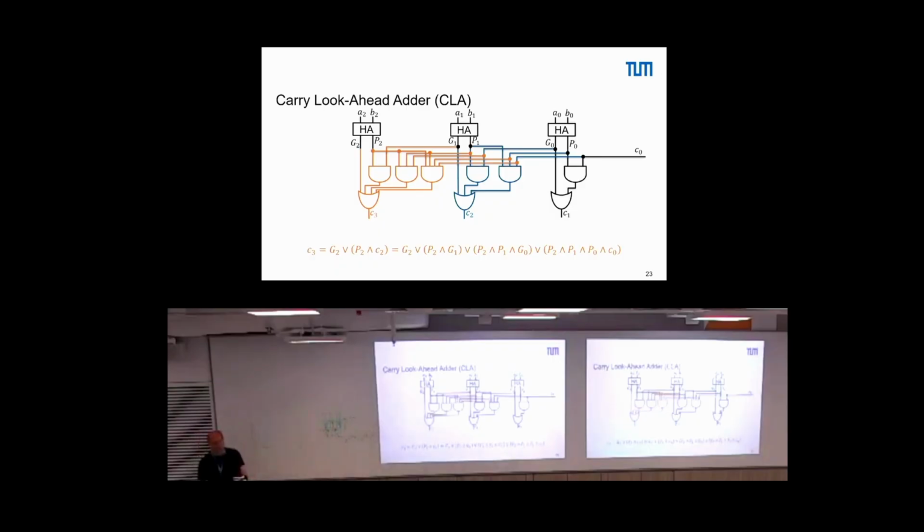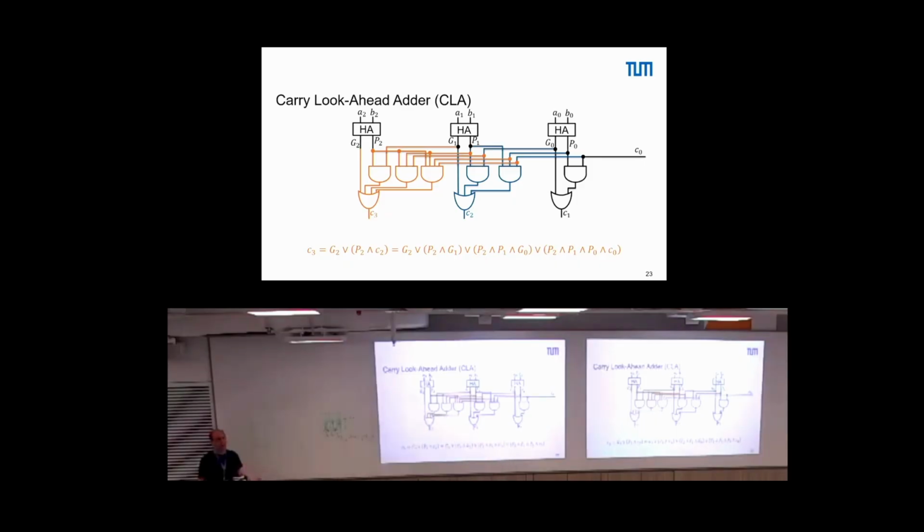Then we take the next logic step. It becomes even longer, but we have the ANDs here, now 3, 1, 2, 3, and we have an OR gate here to OR G2 with these different terms.